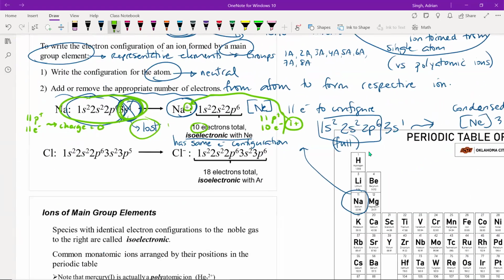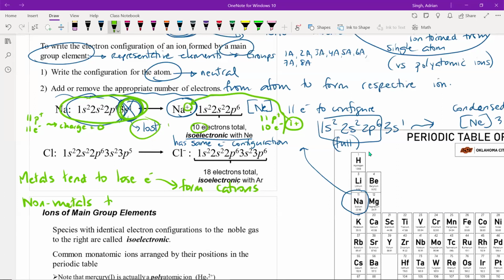We can also make some generalizations. We can say metals tend to lose electrons. These form cations, positively charged ions. And then the opposite would be true for your nonmetals.